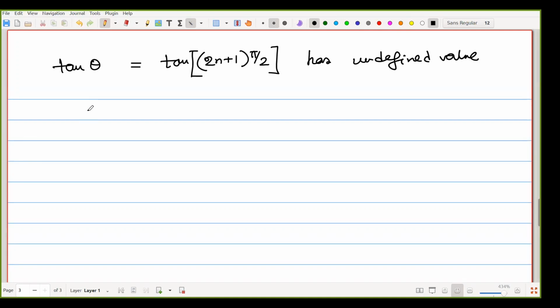If you can remember, tan 90 degrees, that means sin 90 is equal to 1, cos 90 is equal to 0. That is undefined.